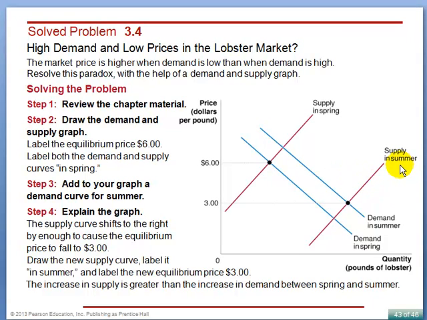Because the supply in summer is much higher than the supply in spring. Again, whether the price of the product rises or falls over time depends on whether the demand shifts to the right more than supply. So here, demand shifts to the right less than supply, so the price actually falls.